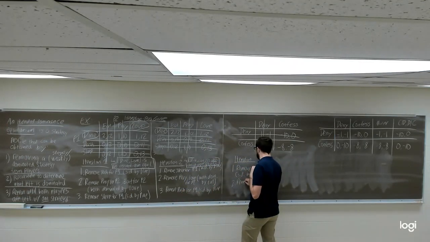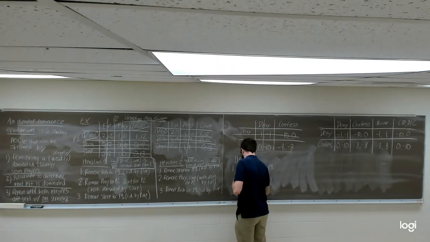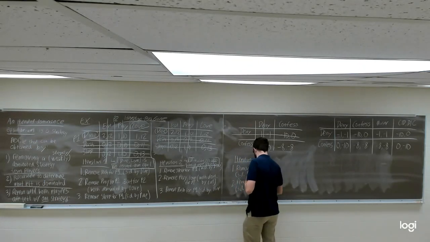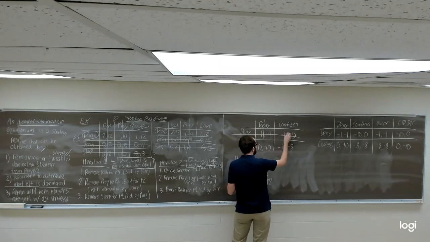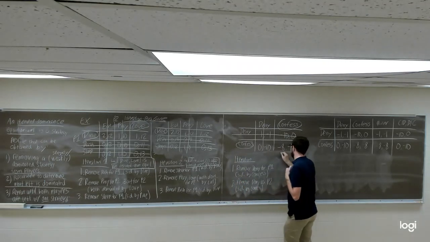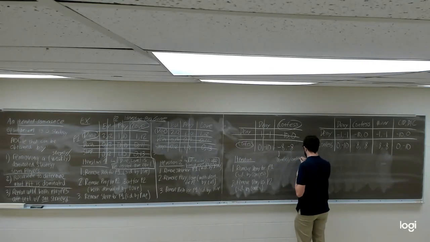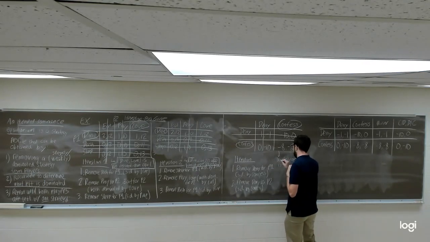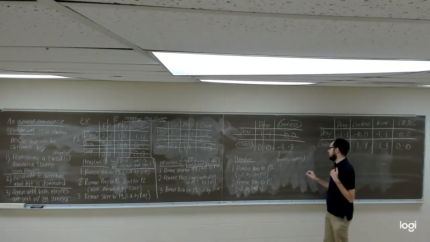So we're going to remove deny for player 2, as it is strongly dominated by confess. And lo and behold, what's left for each player is just going to be confess. And so that's going to tell us that confess is going to be an iterated dominance equilibrium state.